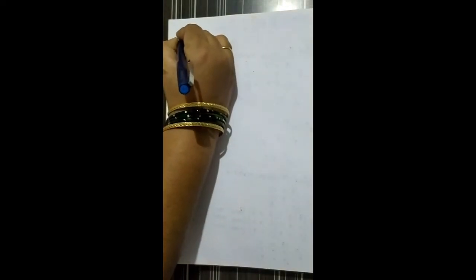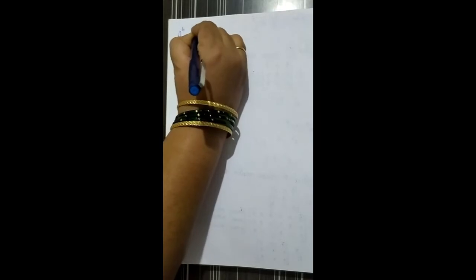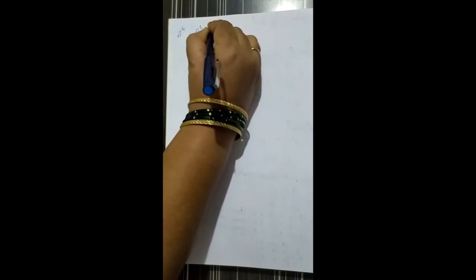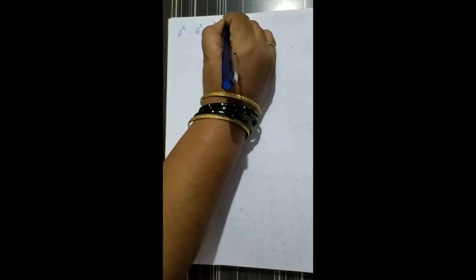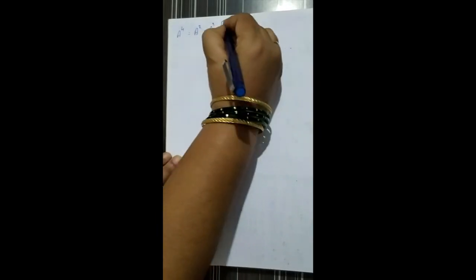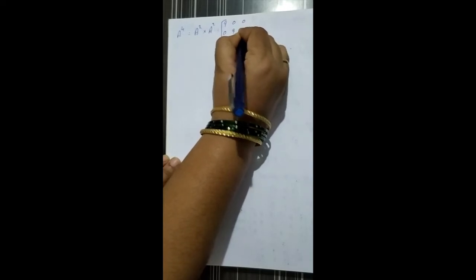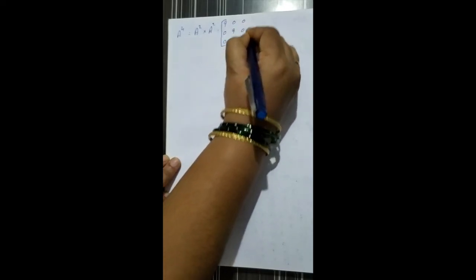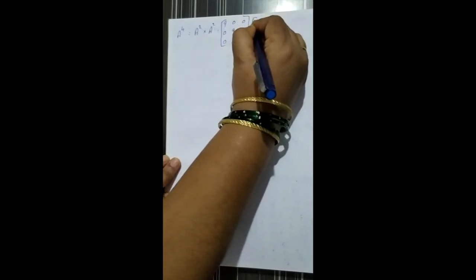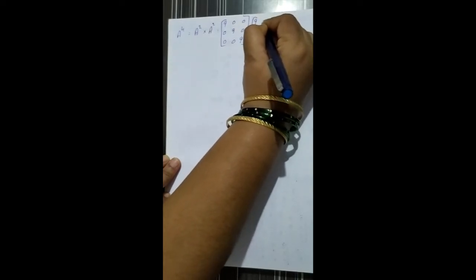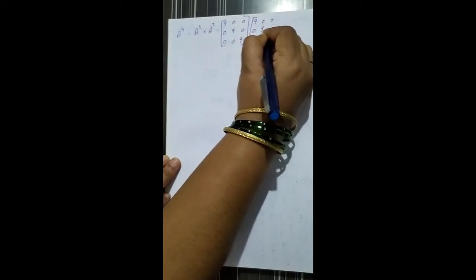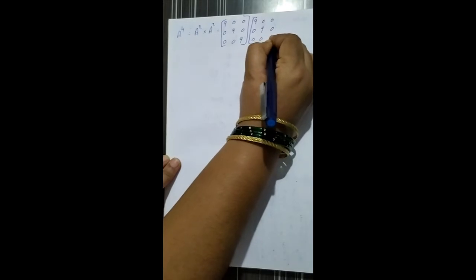Next, A power 4 equal to A square into A square, that is equal to 9 0 0, 0 9 0, 0 0 9 into again A square, 9 0 0, 0 9 0, 0 0 9.